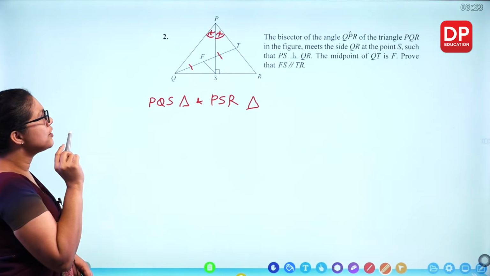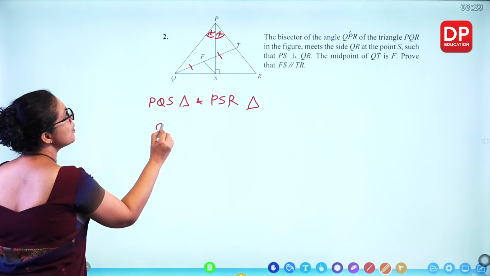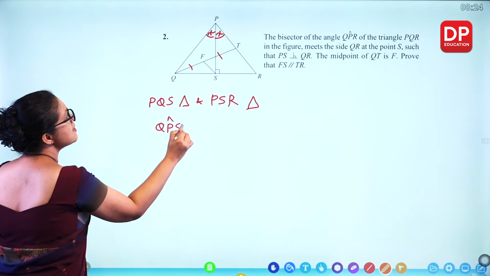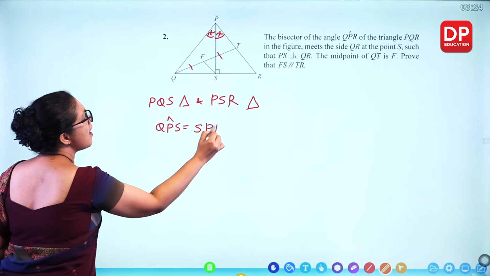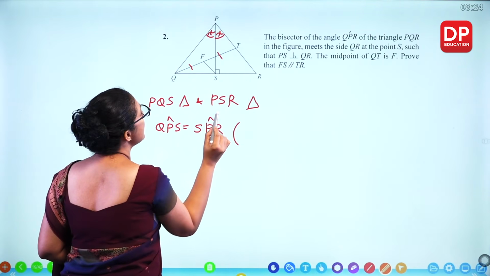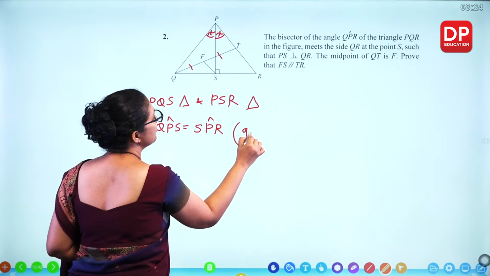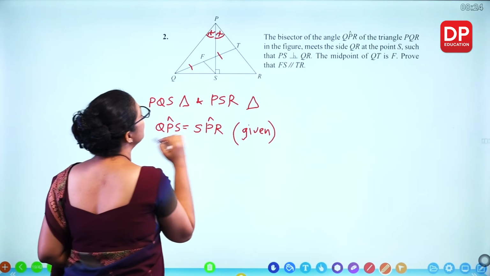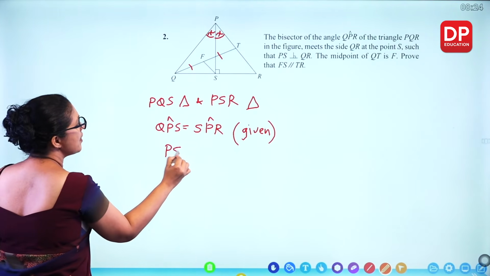What can you say about the triangles? We know angle QPS is equal to angle SPR. It's given. Bisector is PS. And PS is common.